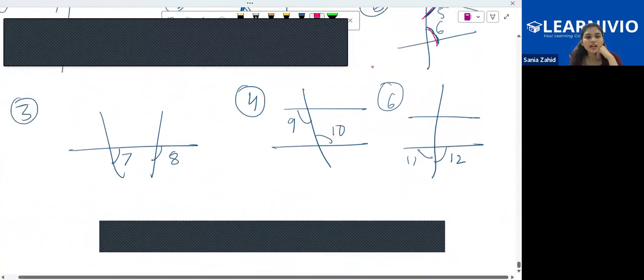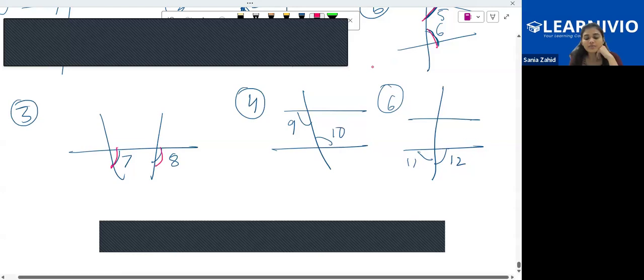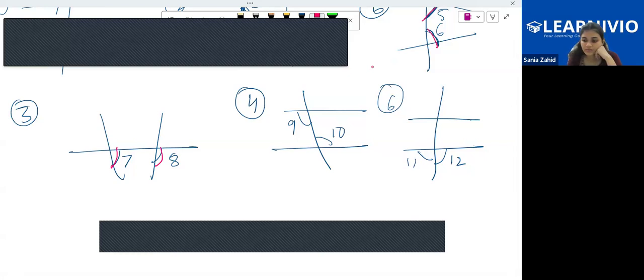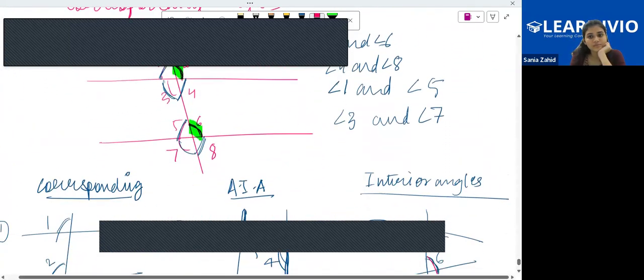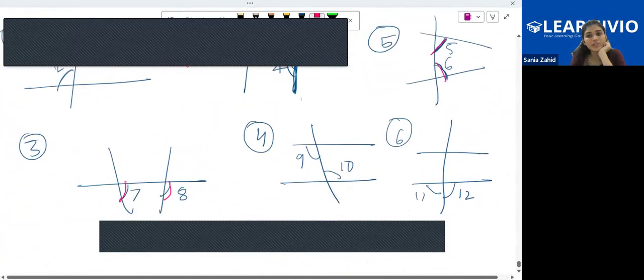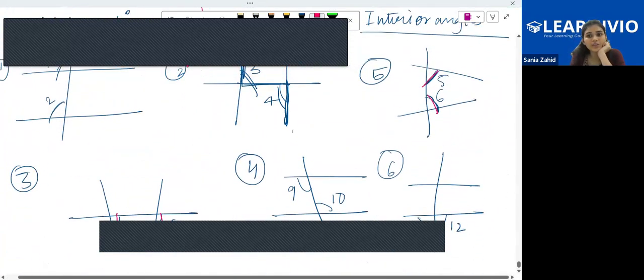Come to the third question, angle 7 and angle 8. Tell me, how can we know if it's exterior or corresponding angles? See, with angle 5, what is the corresponding angle? You have this angle.